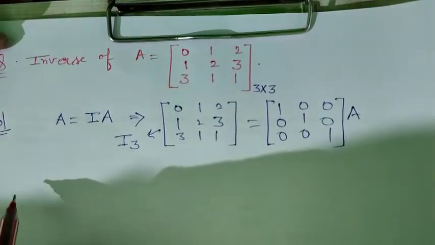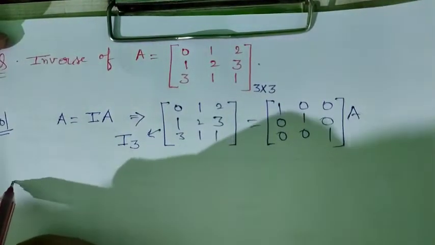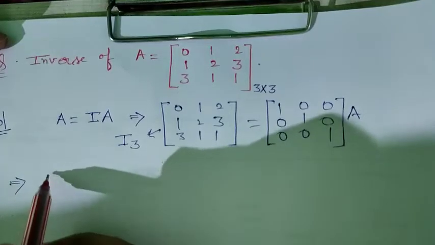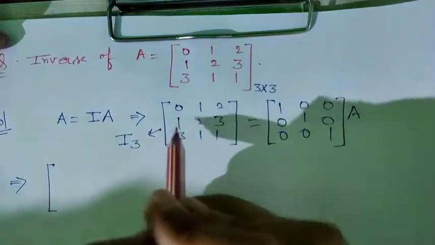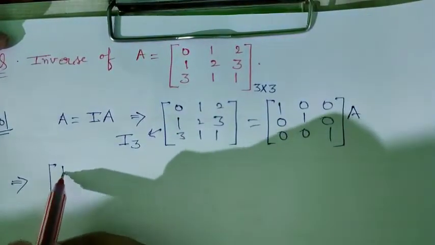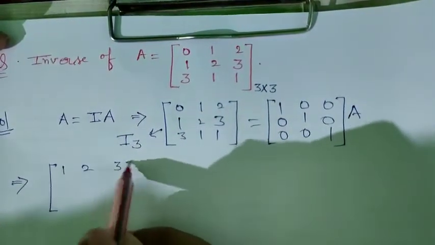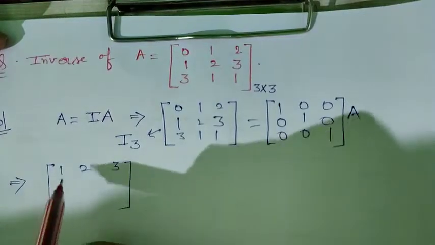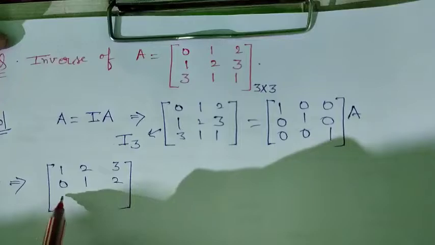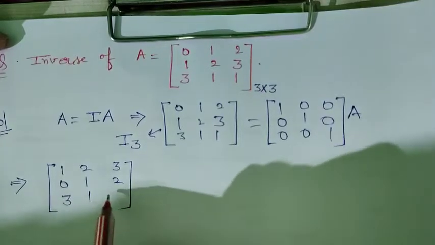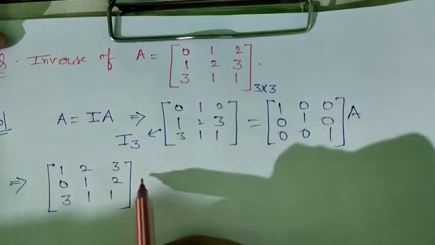So what we will do first, we will interchange R1 with R2. Then 1, 2, 3 will come in place of R1. And in place of R3, no changes.